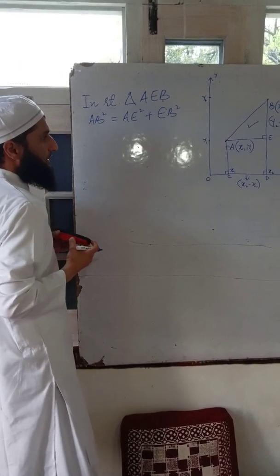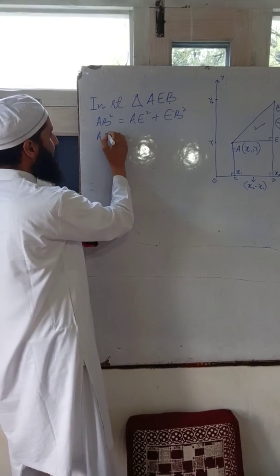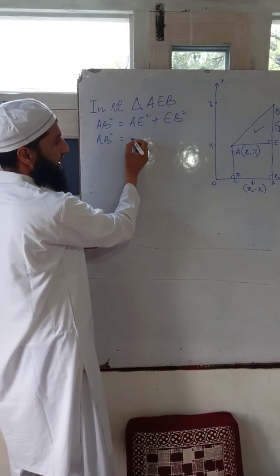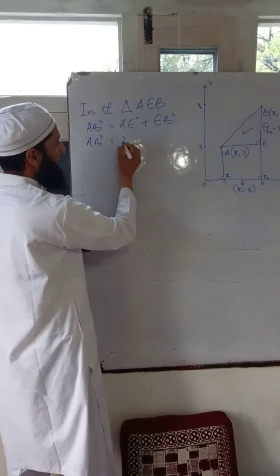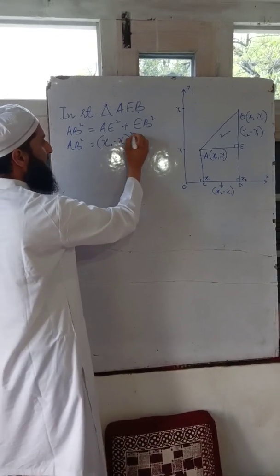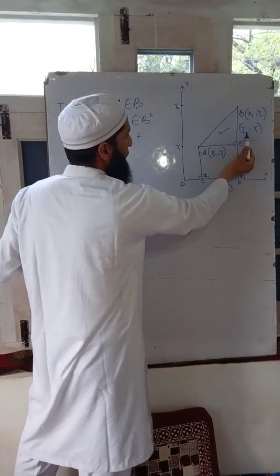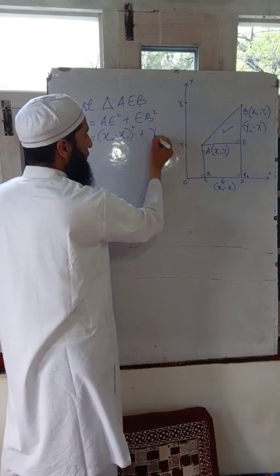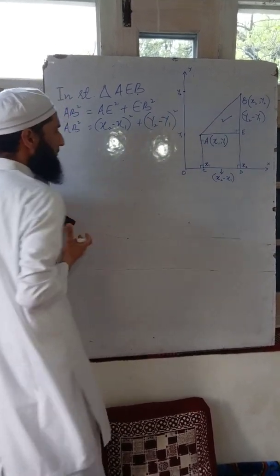Now substitute the values, we get AB square equal to AE, x2 minus x1, whole square, plus EB, y2 minus y1, whole square.